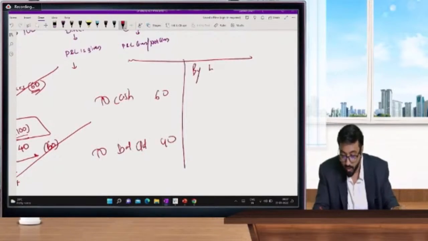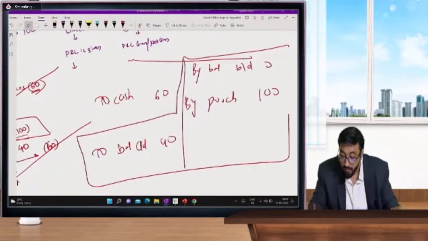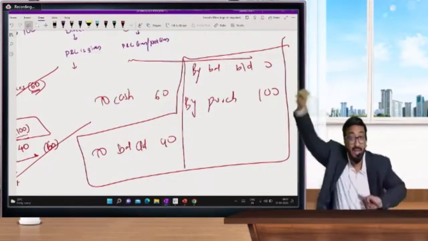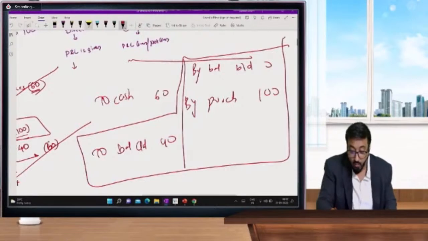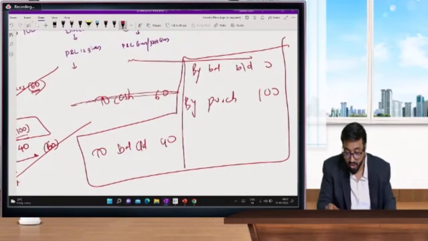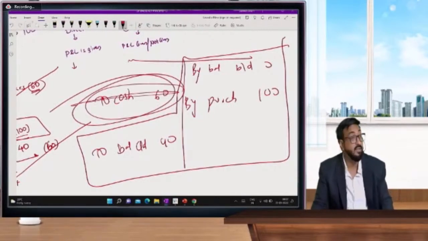By balance brought down 0, and by purchases 100. When you focus on purchases and the opening-closing balance difference, it is the indirect method. And when you focus directly on cash, it is the direct method.